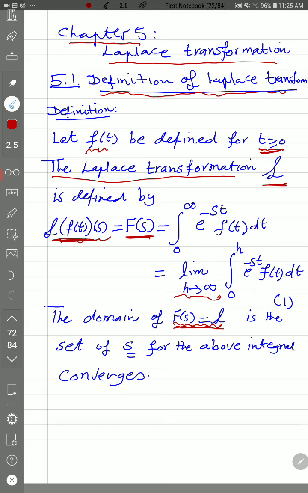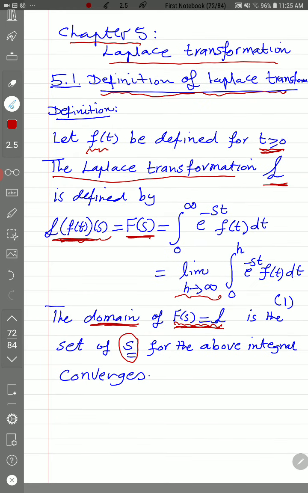The domain is the values of s, because this is a function of s, such that this integral on the right-hand side converges. So we are interested in this integral number 1 being convergent.